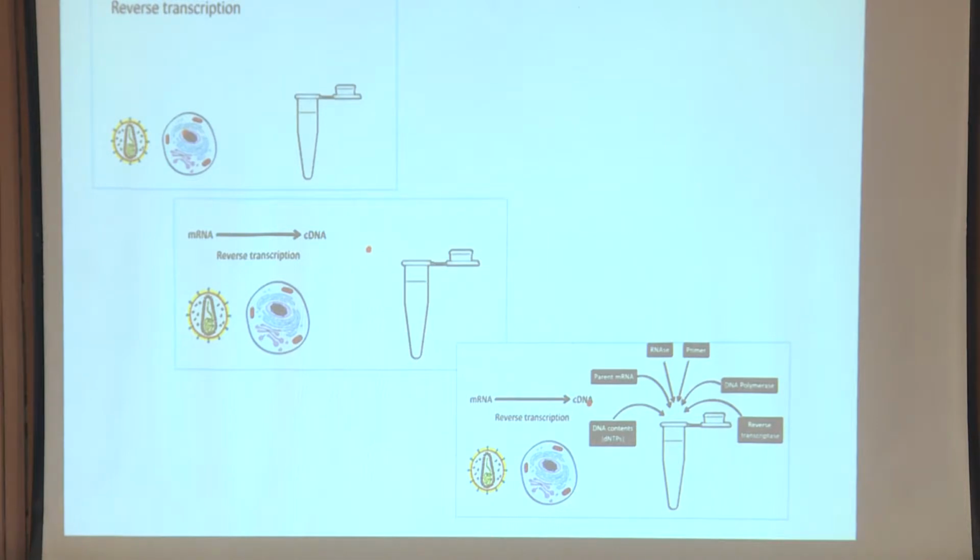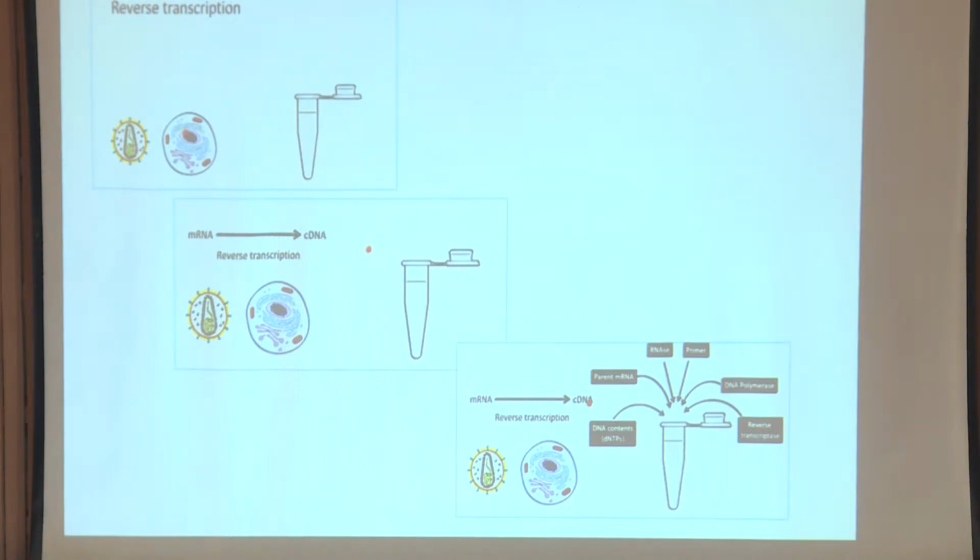This is nothing but what is called reverse transcriptase PCR. This is more often used in relative quantitation, especially gene expression analysis. Most of you might be doing it in your routine thesis project, and you might know how to do that.